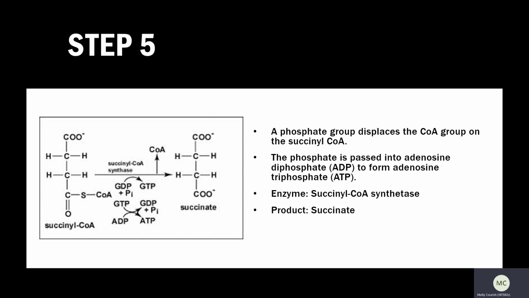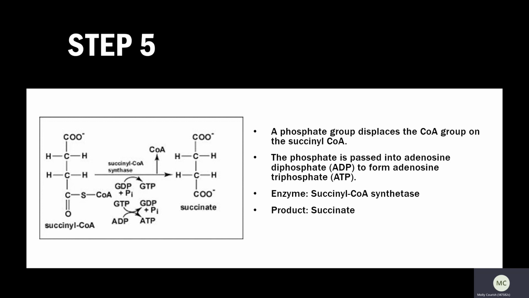This phosphate will then be passed into the ADP molecule. The addition of another phosphate to an ADP, or adenosine diphosphate, creates adenosine triphosphate, or ATP. ATP is the energy used in the cell, or energy currency used in the human body.